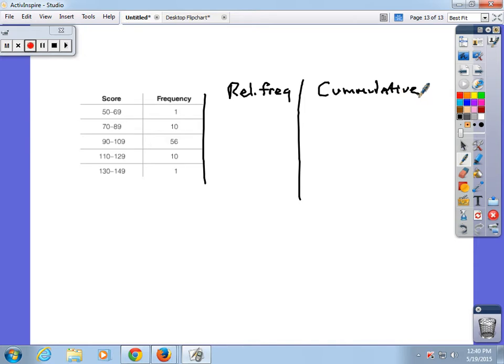So, the first thing I do is calculate n. And n is how many people are in the group. So, just add up all these numbers: 56, 66, 76. How many people are in the group? 78.